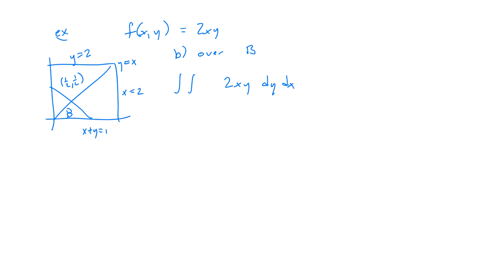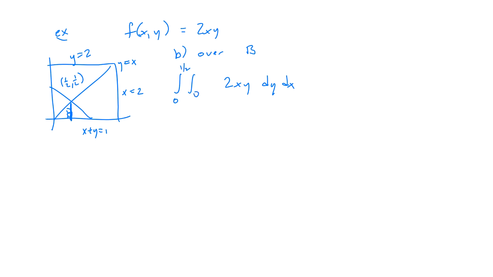Right. So the idea is right here, if I draw a line right here, to the left of that line, the top function is one function, and to the right of that line, it's going to change, which means we're going to have to break it up into two pieces. So to the left of that line, which is from 0 to 1/2, as you said, the bottom is 0.